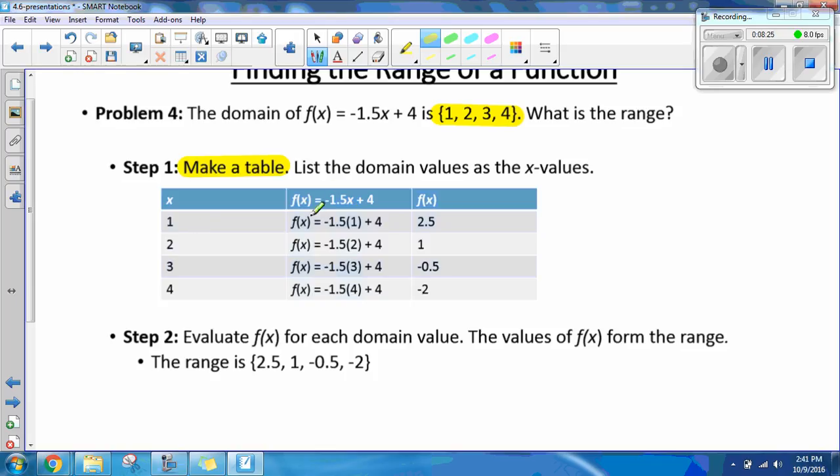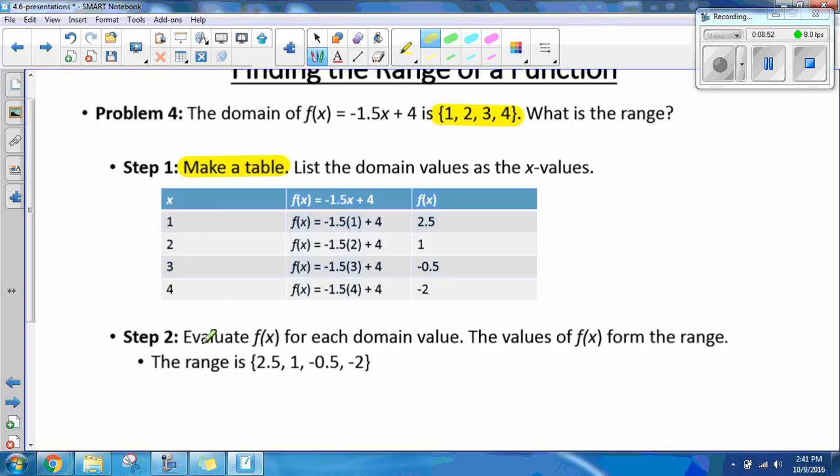So we write f of x is equal to -1.5 times 1 plus 4, and we figure out what our f of x value is, or f of 1 in this case. F of 2 is equal to 1, f of 3 is equal to -0.5, and the function when x equals 4 is equal to -2.